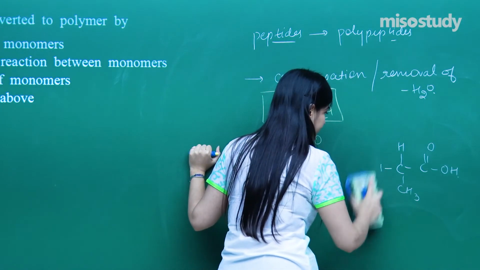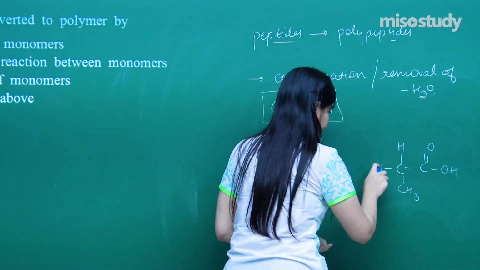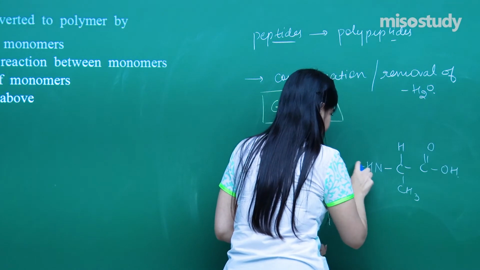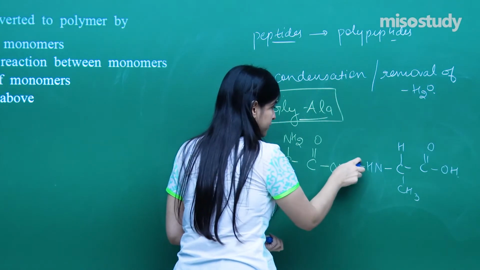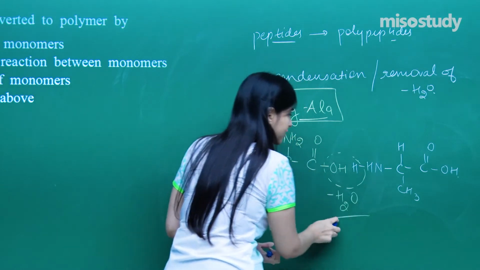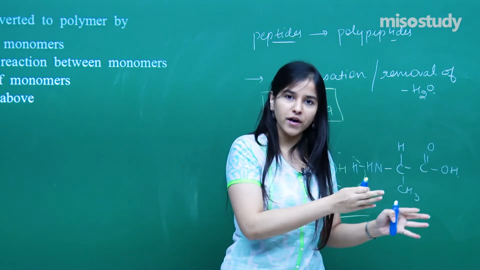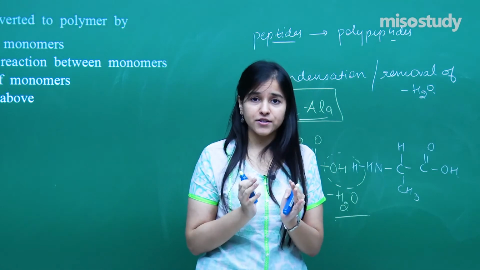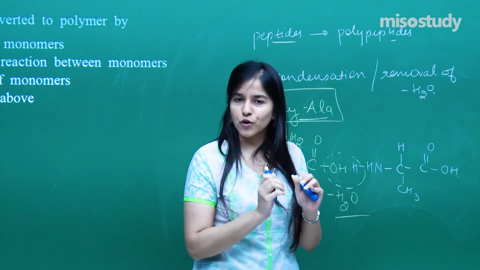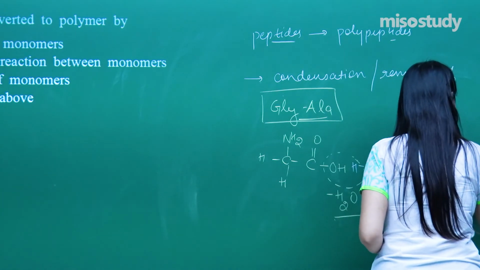Let me just make it again. So it would be OH, and there will be a loss of water molecule, minus H2O, leading to the condensation and forming. That is how different kinds of amino acids get connected via the condensation process and give a polymer or a polypeptide. So that is what we have over here.